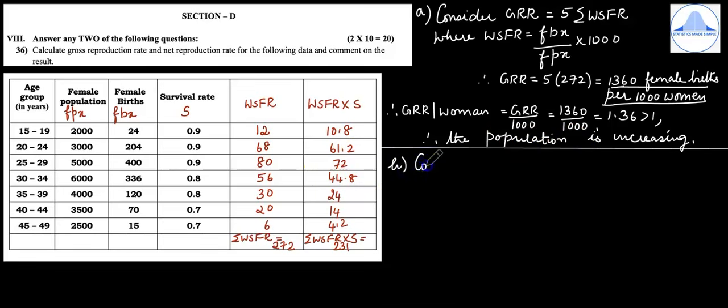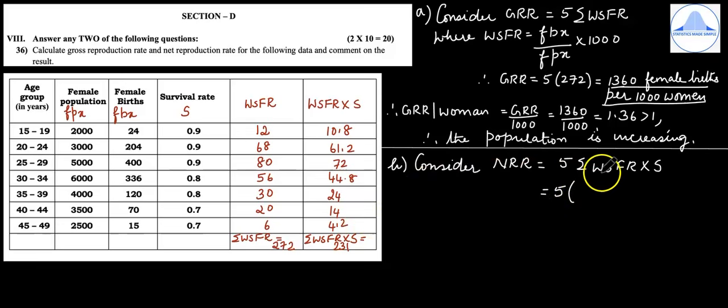Next, write the formula for NRR, that is net reproduction rate. This is equal to 5 times summation WSFR into S. There's no need to write the formula again for WSFR as we have already written it, so you can only substitute the total.